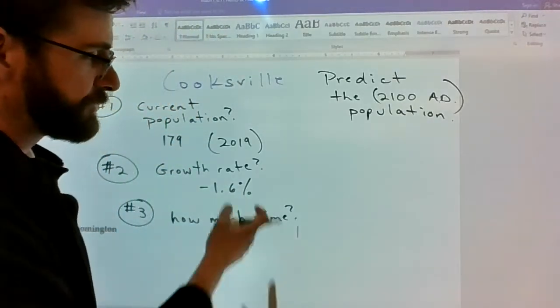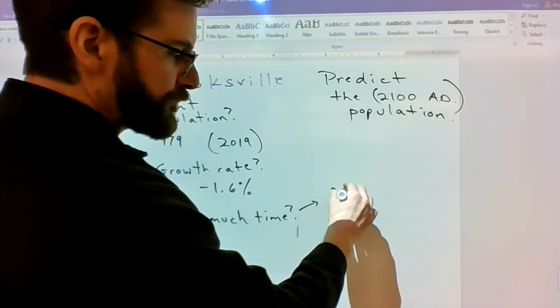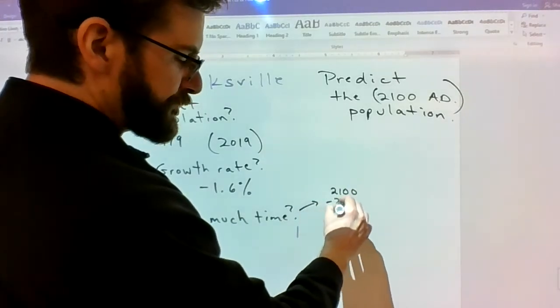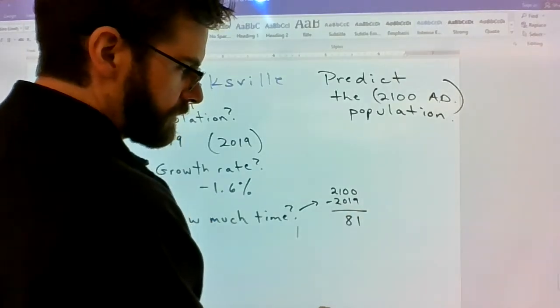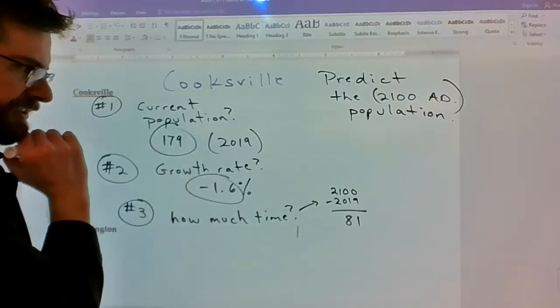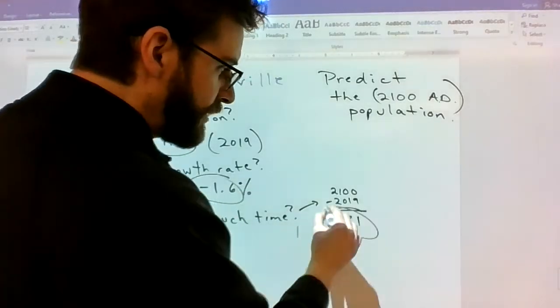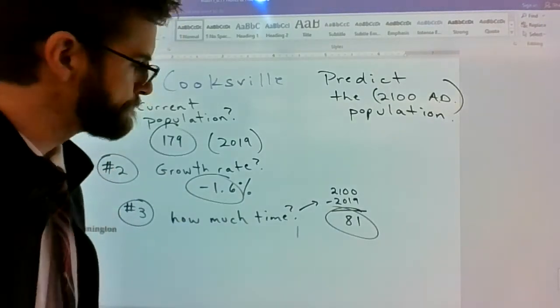We would base it off of 2019. So you're going to say it's 2100 years minus 2019 years. It's 81. So the 179, the negative 1.6%, and the 81 are the three pivotal pieces of information we need.